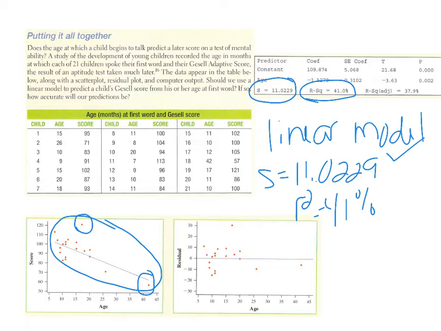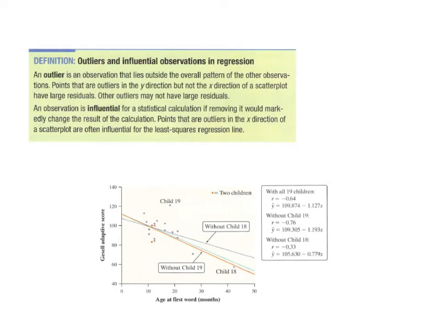So only 41% of the variation is accounted for in that model. Over half of the variation in these Gesell scores, these final test scores, is not accounted for. So even though we could use a linear model, it may not be the best model for this particular data set.